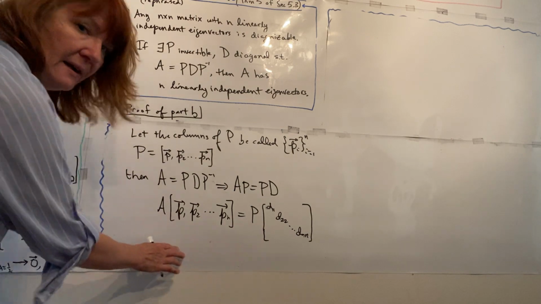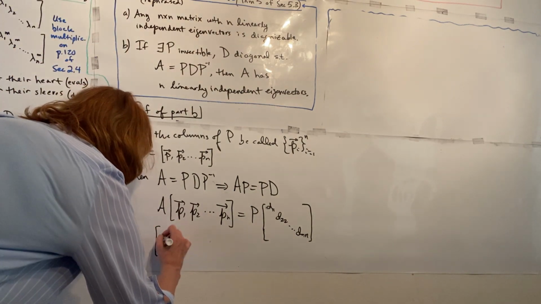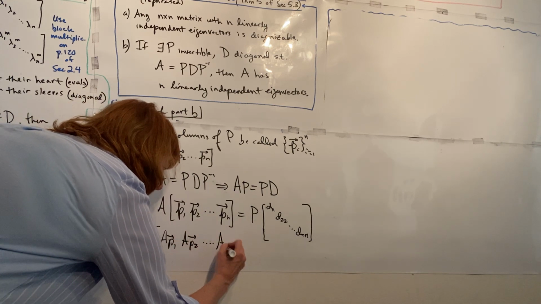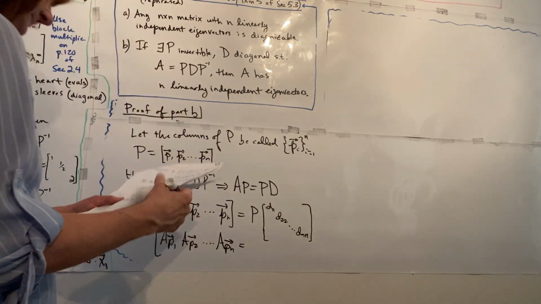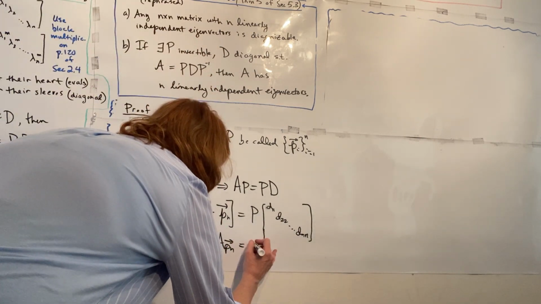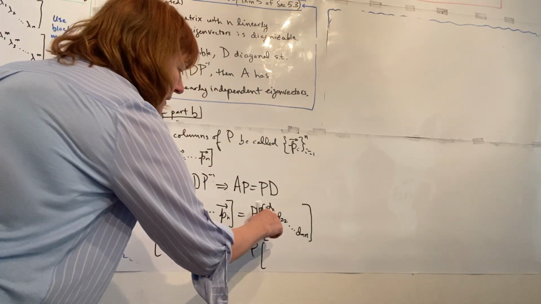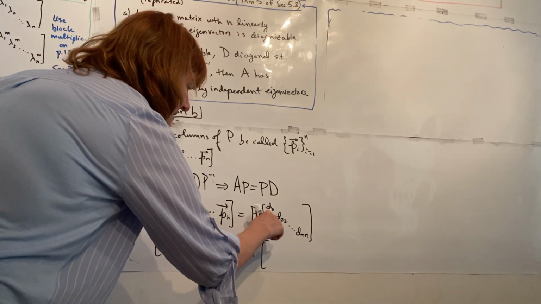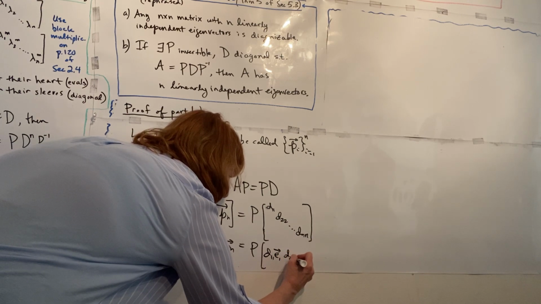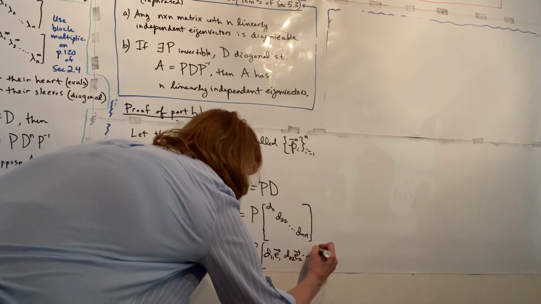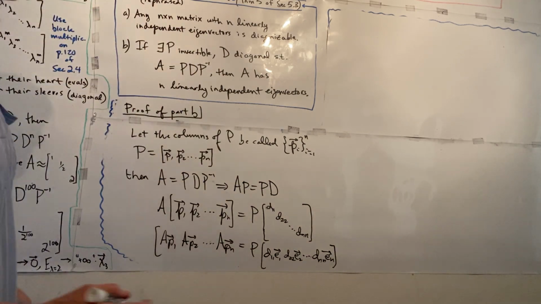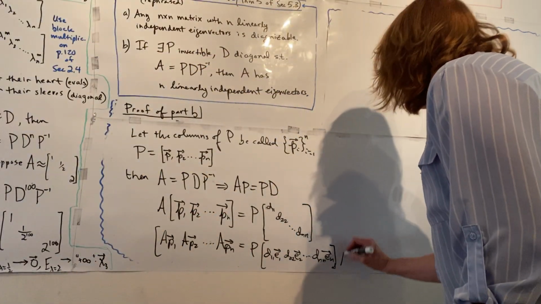Okay, so what do we have here? So this left-hand side here is equal to the matrix with AP1, AP2, dot, dot, dot, APn. Okay, and what does that look like? Well, that looks like P times the matrix, where D11 multiplied by E1 is the same thing as that first column: D11 E1, D22 E2, dot, dot, dot, Dnn En. Right? Should look familiar. Similar territory, but different emphasis.